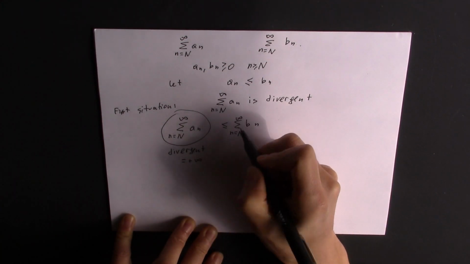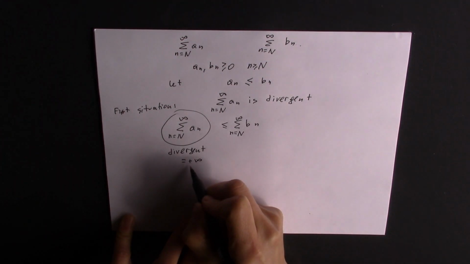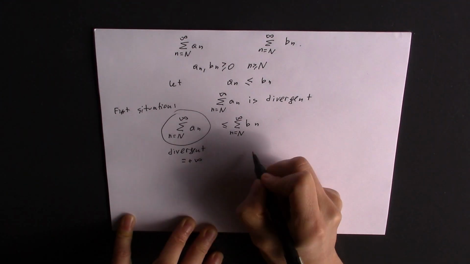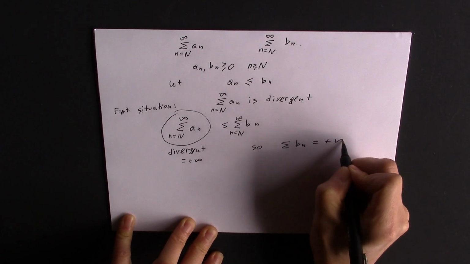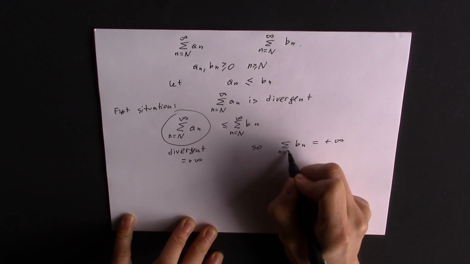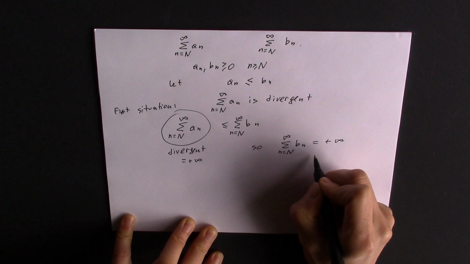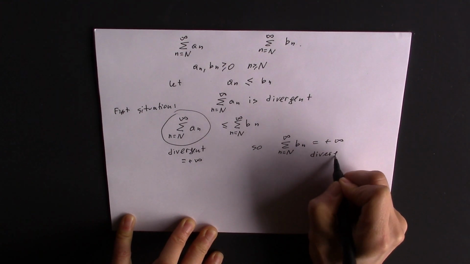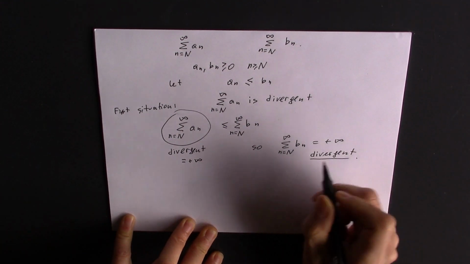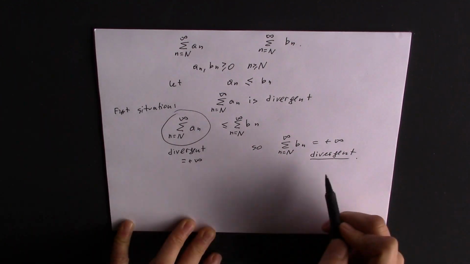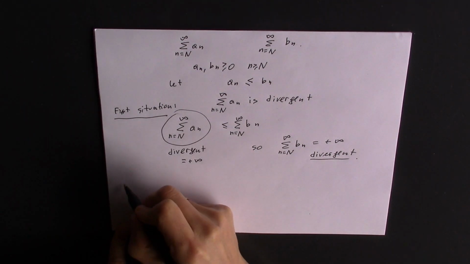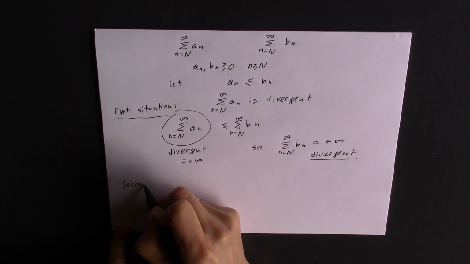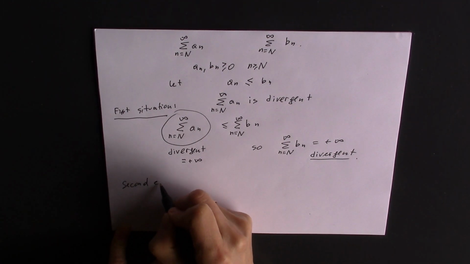So we conclude that the bigger series is bigger or equal to infinity, so it better be equal to infinity. So the bigger series is also divergent. So if the smaller series is divergent, then the bigger series is divergent. That's the first situation.